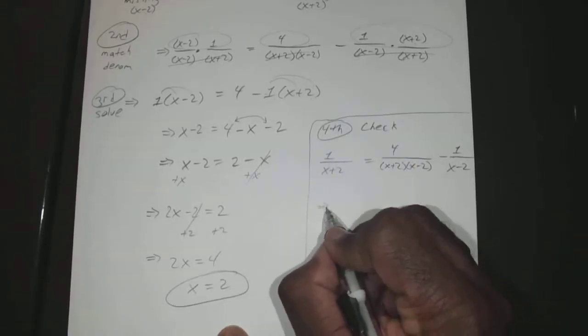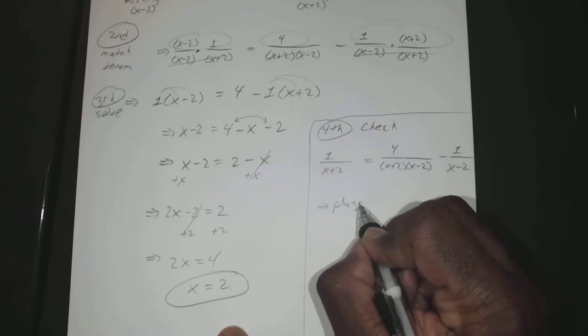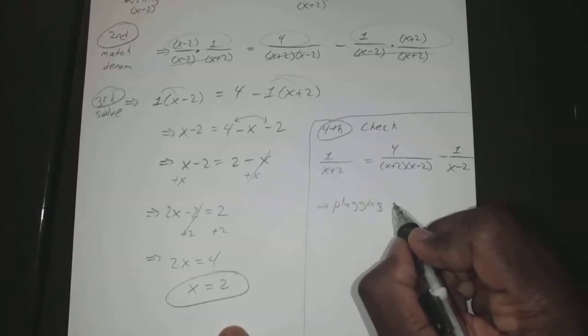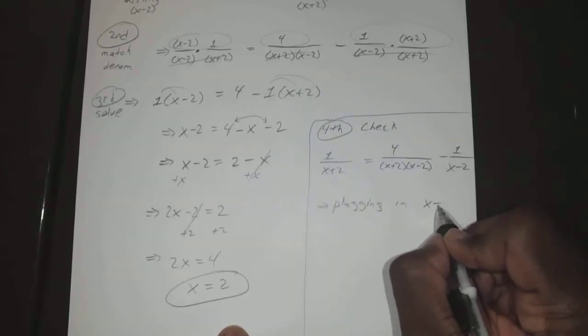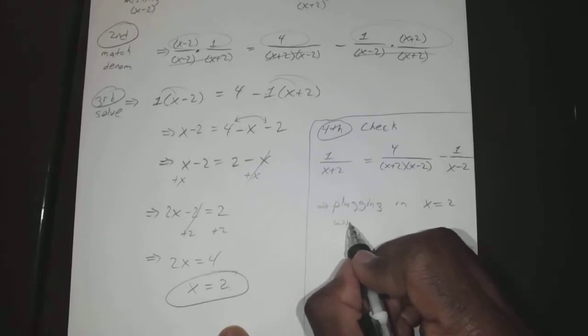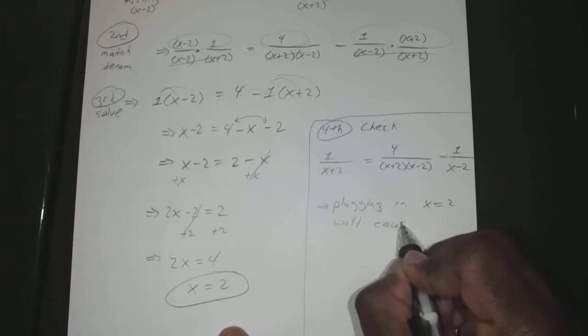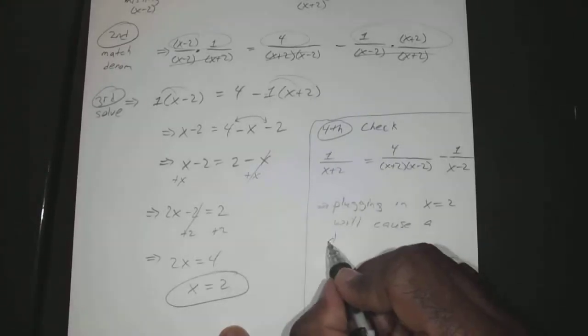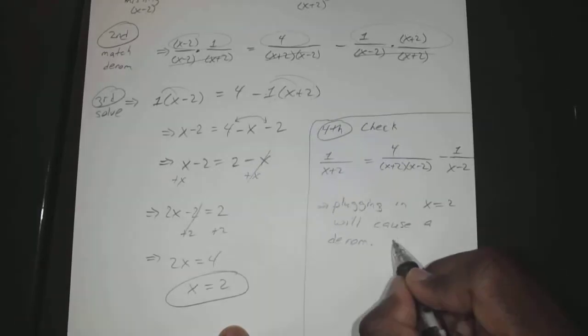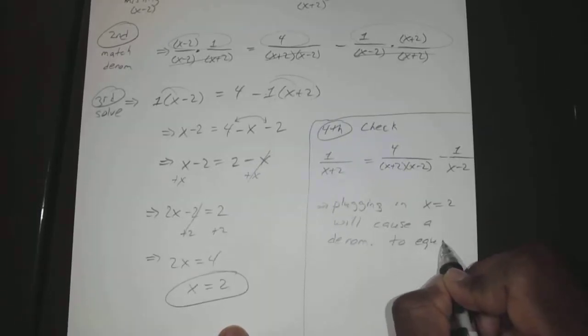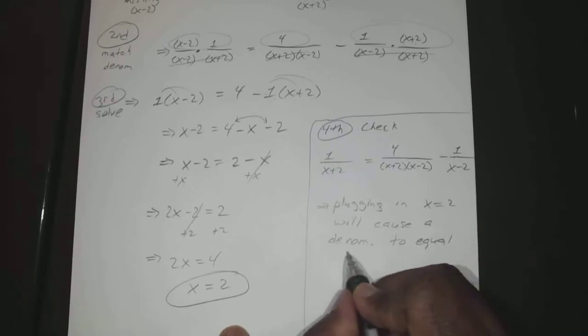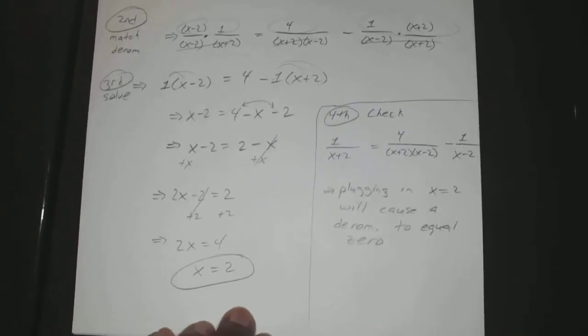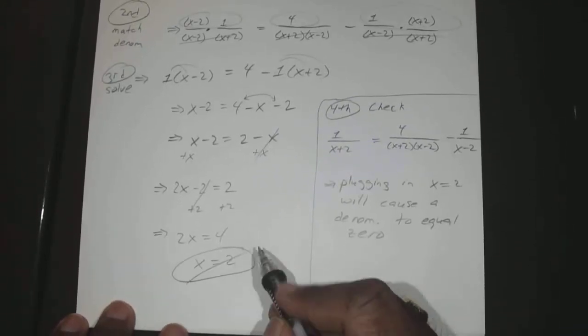Okay, so we know that plugging in x equals 2 will cause a denominator equals 0. So we actually know we can't use that.